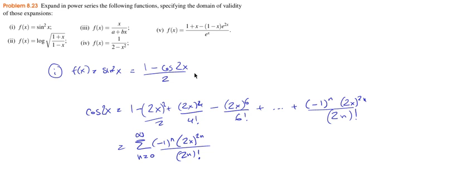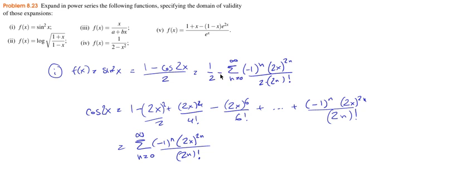Now 1 minus that, so it's 1 half minus this divided by 2, which is the sum from n equals 0 to infinity of minus 1 to the n times 2x to the 2n divided by 2 times 2n factorial.